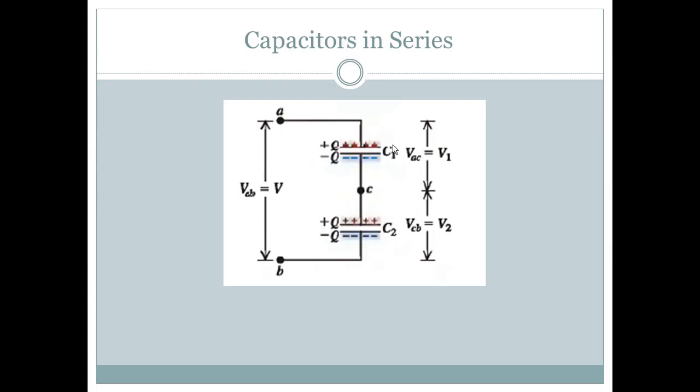Okay, so how do we connect given capacitors in series? To connect them in series, what we do is establish a connection using a conductor connecting one plate of the capacitor to the other plate of the second capacitor, and connecting the other end of the capacitor to one of the terminals of the power source.